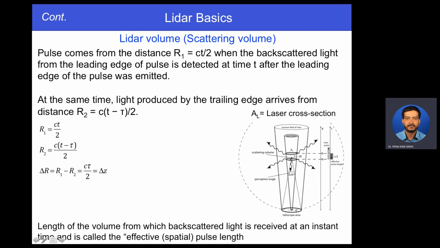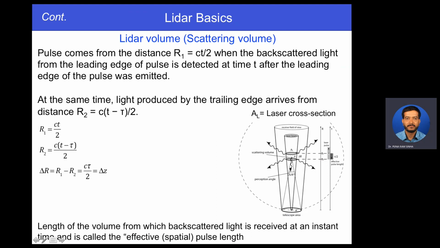Here, this is the lidar volume or range bin we call, which is shown over here. When we transmit the laser pulse, it has a certain width. So there is a terminology called leading edge and trailing edge of the pulse. The leading edge signal will be received at a later time than the signal from the trailing edge, which is shown over here. This is the pulse width, this is the trailing edge and this is the leading edge.